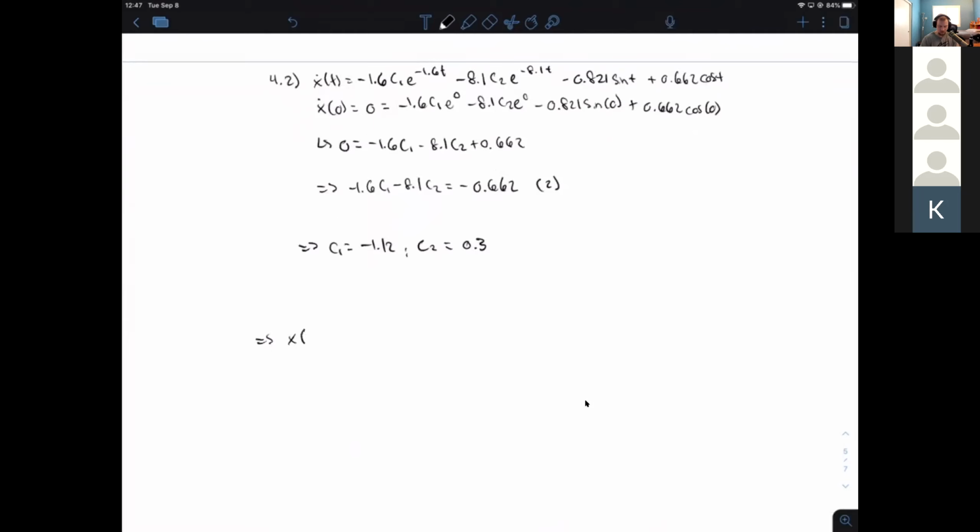So we have x of t equals minus 1.12 e to the minus 1.6t plus 0.3 e to the minus 8.1t plus 0.821 cosine of t plus 0.662 sine of t. What a great equation.